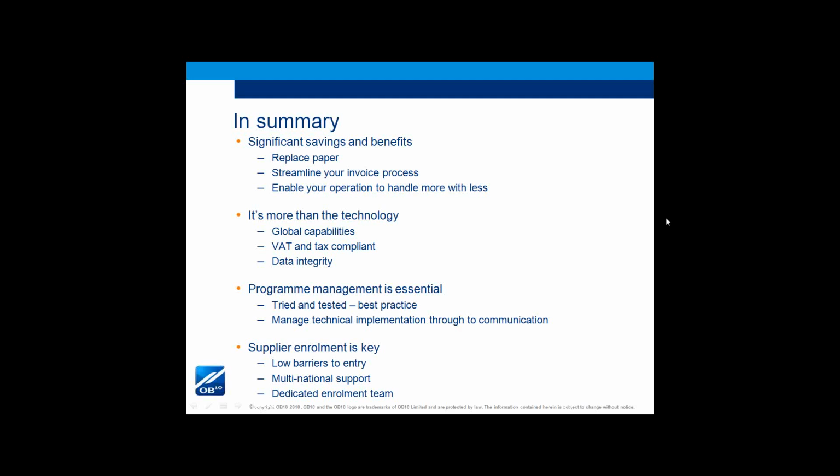You need global capabilities in order to be able to roll this project out amongst all your suppliers, wherever they are, and usually they are not all in the same country. And as I said, tax compliance is paramount. You won't be able to remove the paper from the AP process if there is no certainty around tax compliance. You would absolutely not want to get caught out.